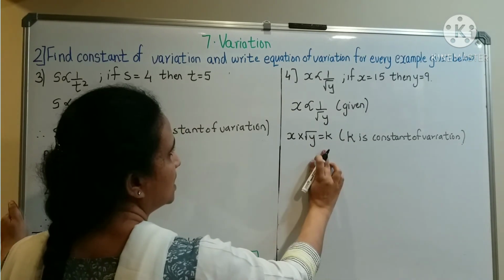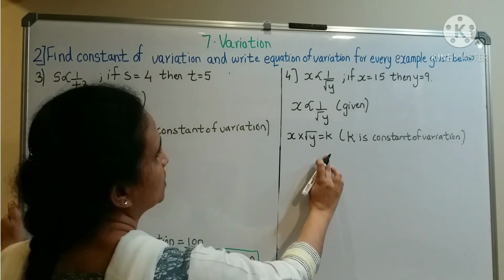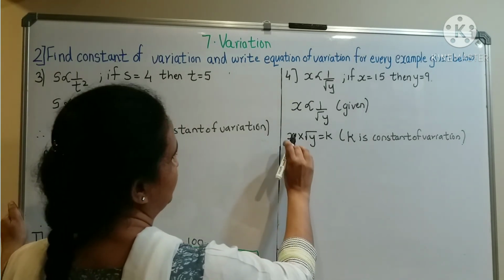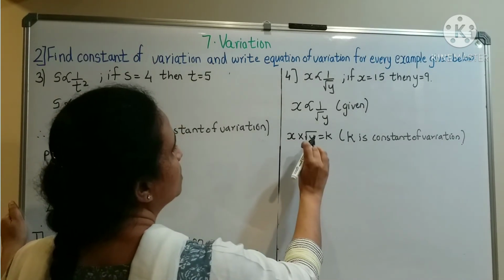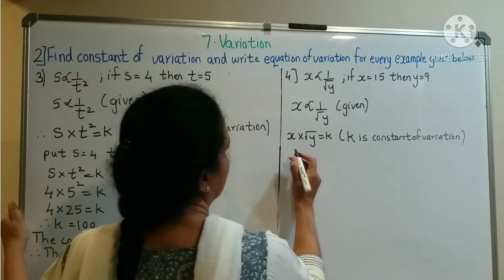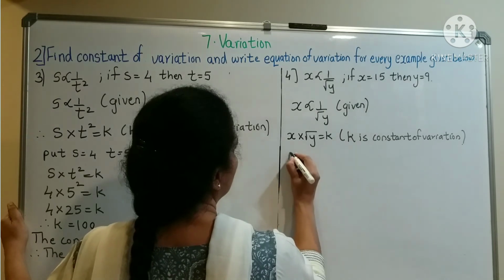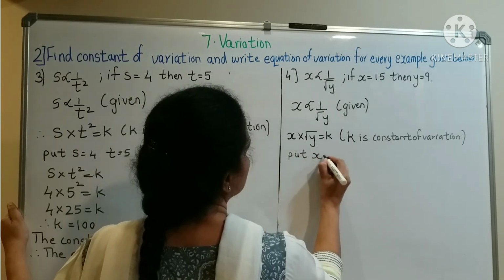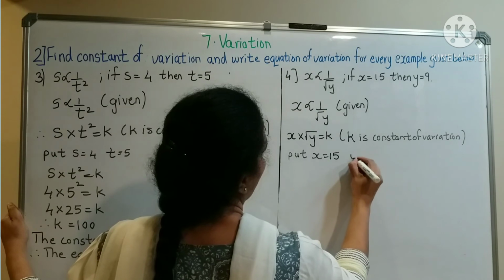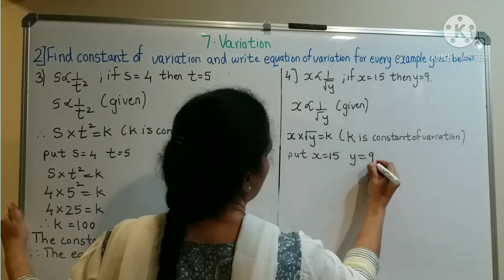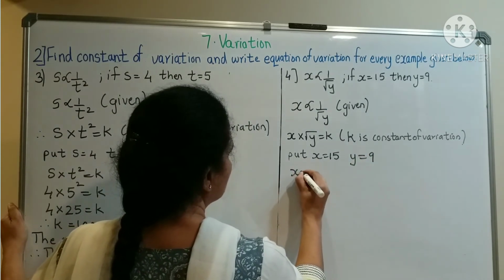Now in this equation, we are going to put x as 15 and y as 9. So put x is equal to 15, y is equal to 9. We'll write down the equation first.